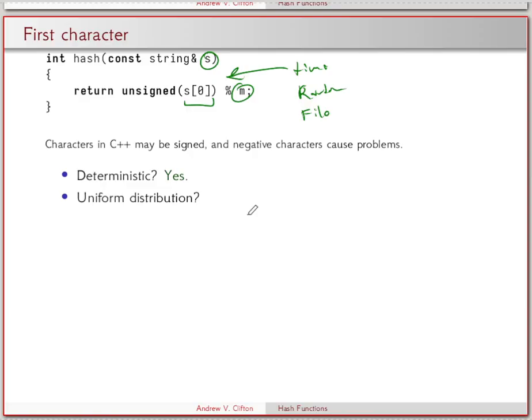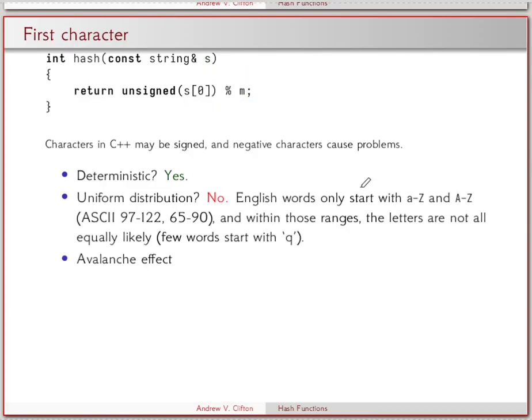Anyway, do we have a uniform distribution? No, right? English words only start with letters A through Z and a through z. So in ASCII, that's 97 through 122, or 65 through 90. And within those ranges, not all letters are equally likely, right?